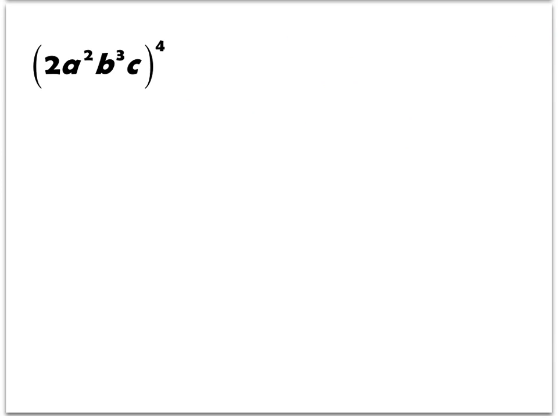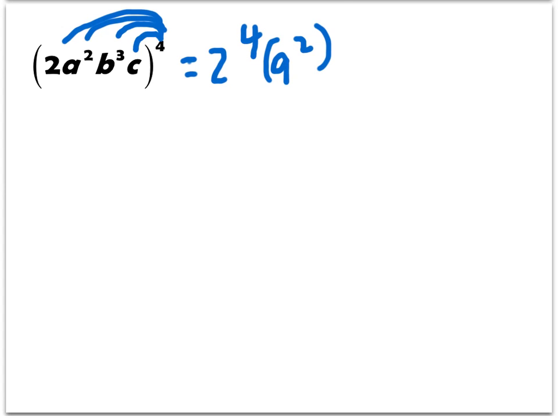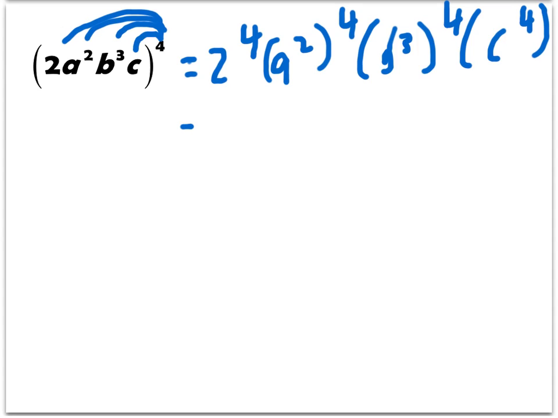Here's another one where we have a term raised to the 4th power, and our third property says that we can distribute that power to each one of these terms. Okay? So what we mean by that is this is equal to 2 to the 4th power times a squared raised to the 4th power times b cubed raised to the 4th power times c raised to the 4th power. Okay?